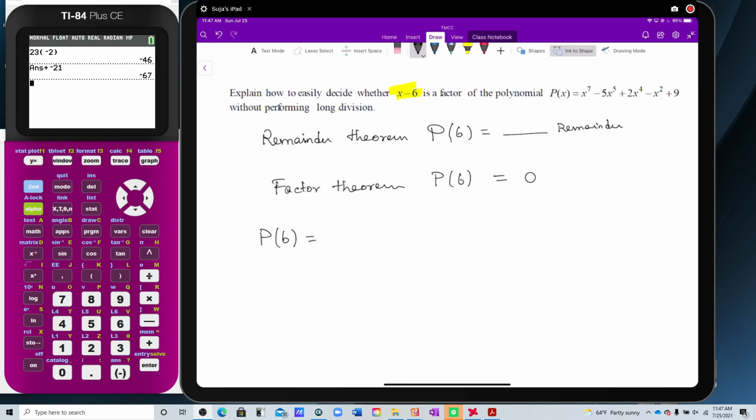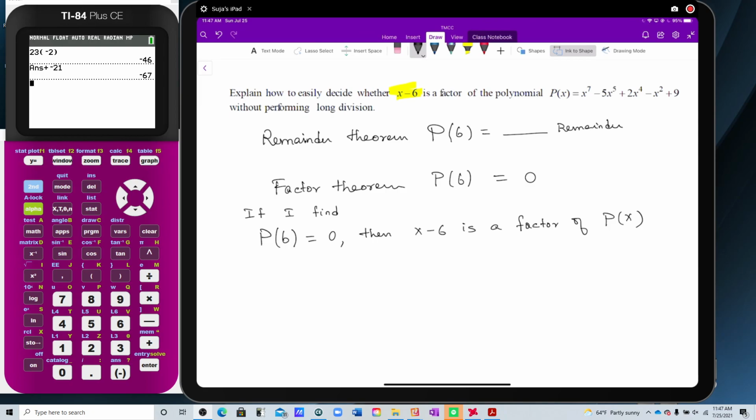So how do I write this? If I find p of 6 equals 0, then the conclusion is x minus 6 is a factor of the given function p of x.